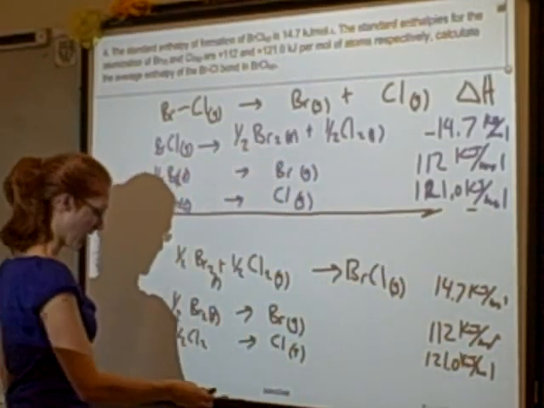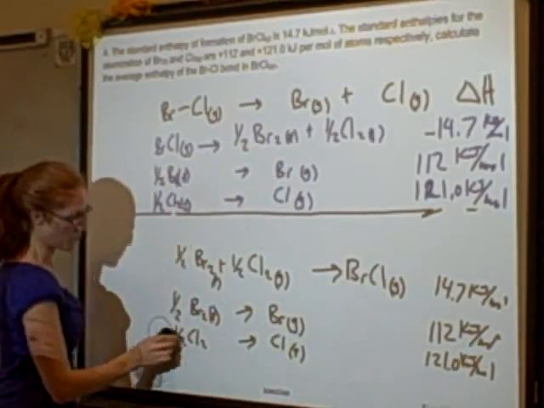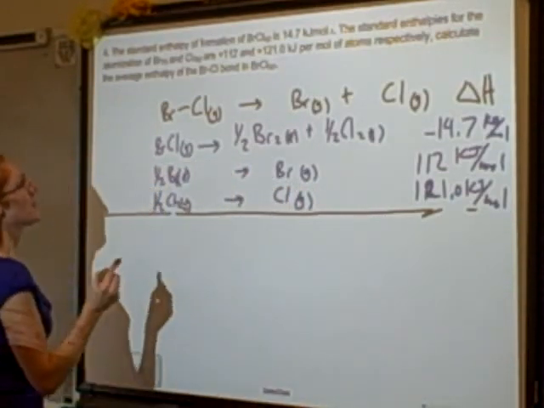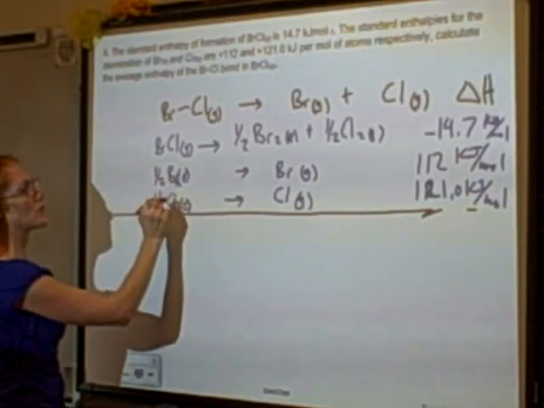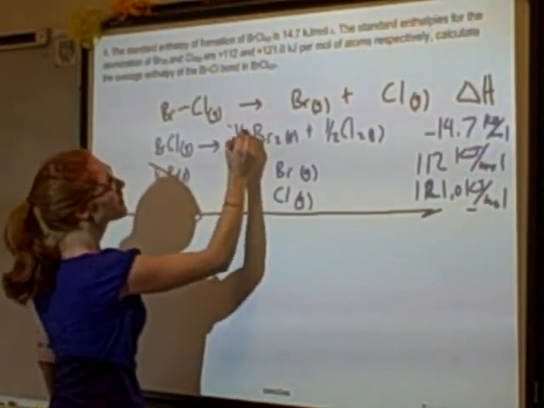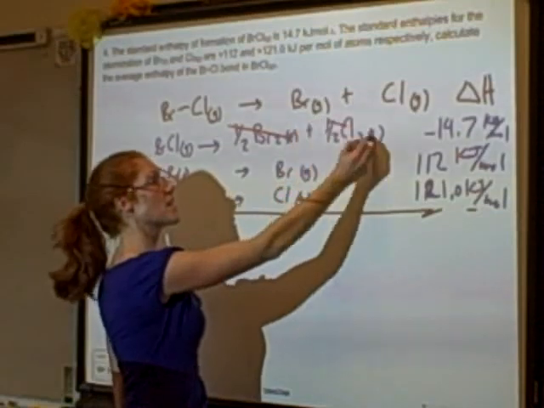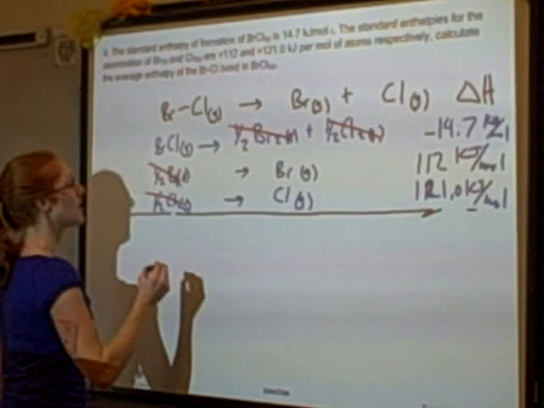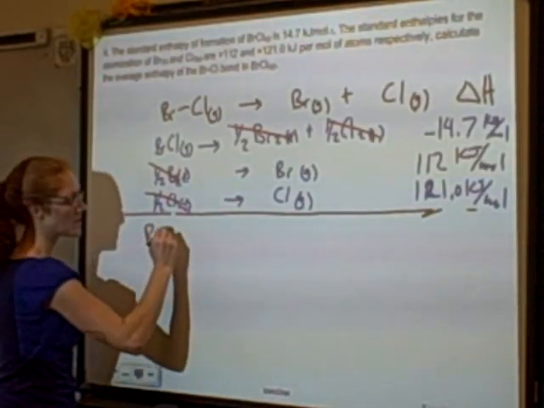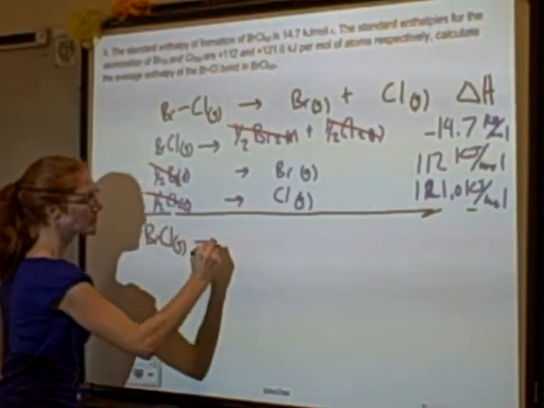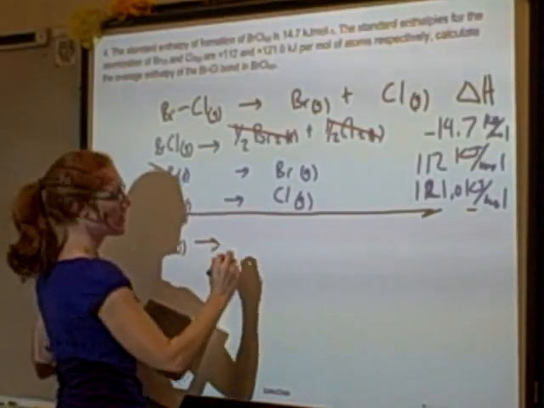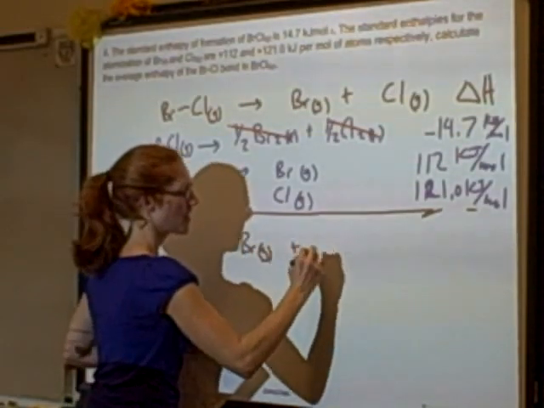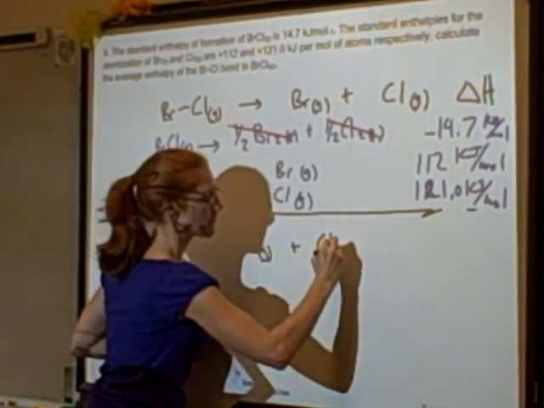And now I want to make sure that these steps really do add up to the overall reaction, plus I really want to cancel stuff out, because you know that brings me great joy. Okay, so I have half a mole of bromine liquid here and here. Got half a mole of chlorine gas here, Cl2 gas, and here. So overall, what's happening is I have this bonded BrCl in the gaseous form, and that bond's being broken to turn it into just an atom of bromine by itself, a gas, and an atom of chlorine by itself.